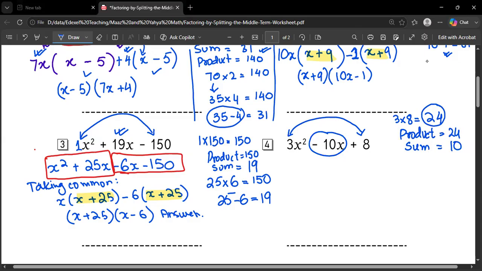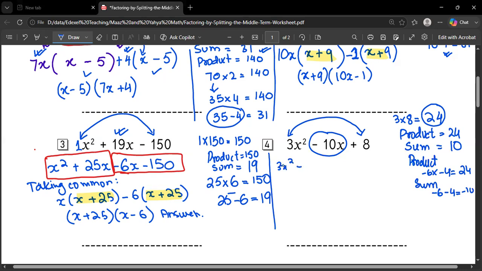So the product is going to be minus 6 times minus 4, which will make positive 24. And if you take a sum, minus 6 and minus 4, you will get minus 10. That's amazing.